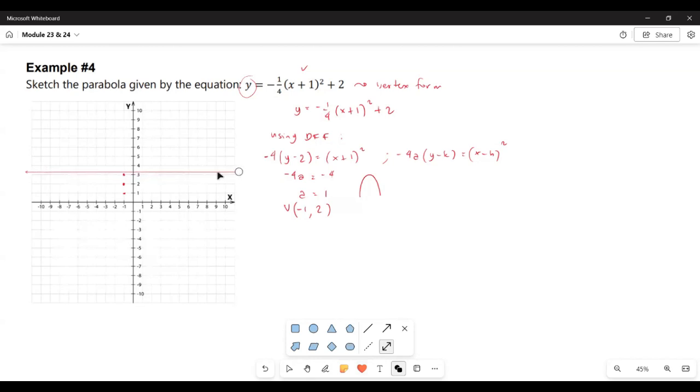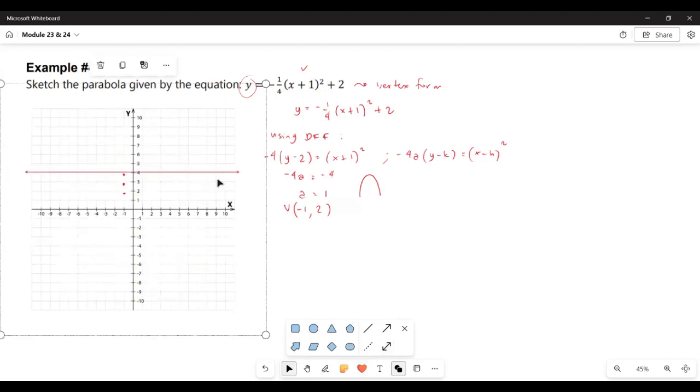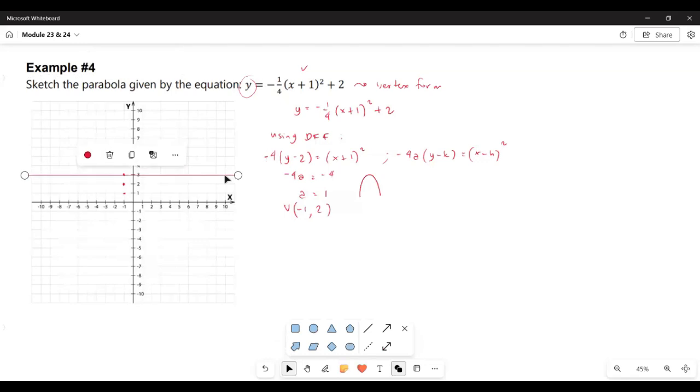So, andyan yun. Okay? Ayan siya. So, ngayon, meron na tayong directrix. Meron na tayong vertex. Tapos meron tayong focus, di ba? So ngayon, magsi-set na tayo ng values.